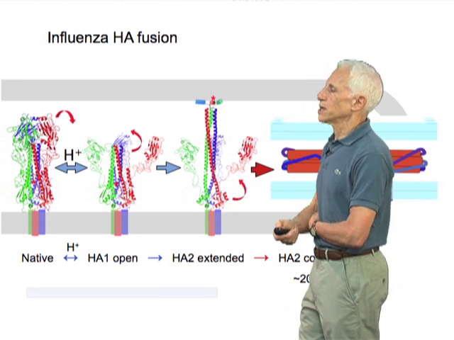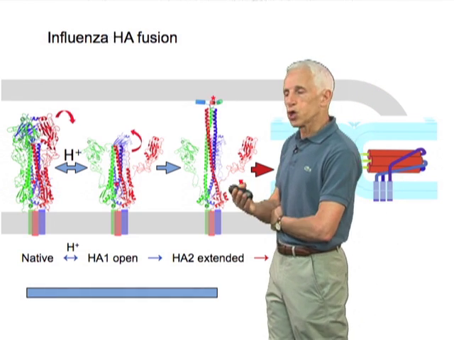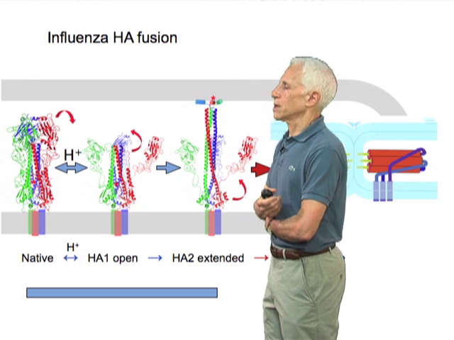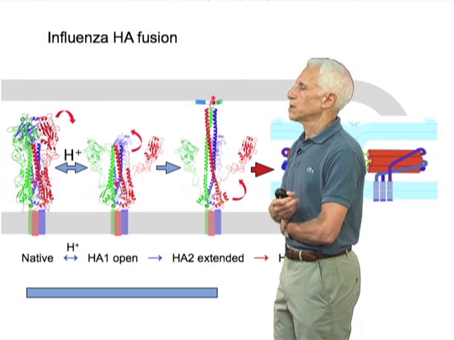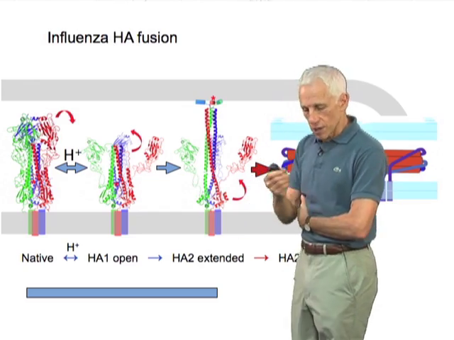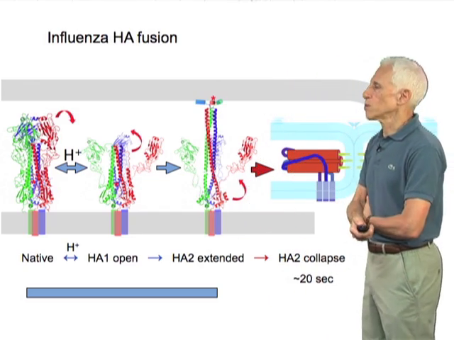And indeed, as a result of looking at some variants of the hemagglutinin, we're pretty convinced that it is this step that we're looking at in the measurements I just showed you.